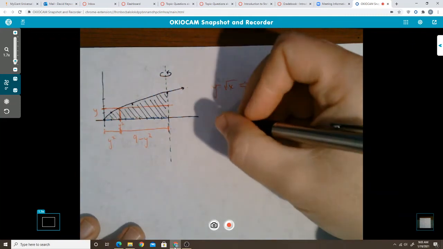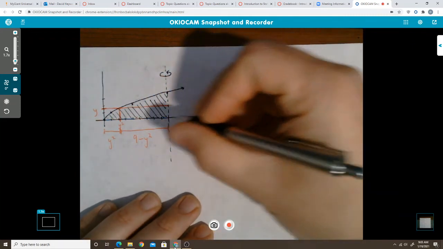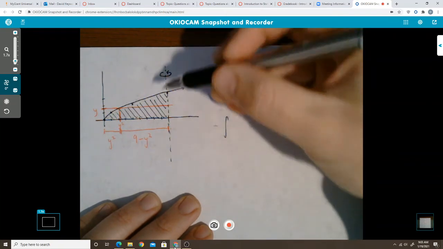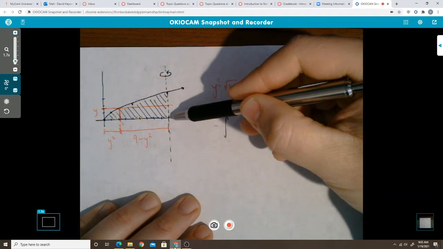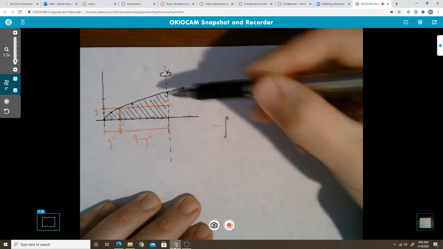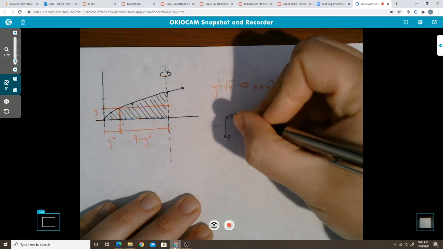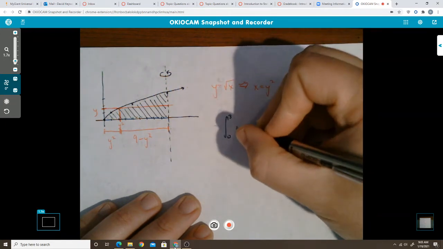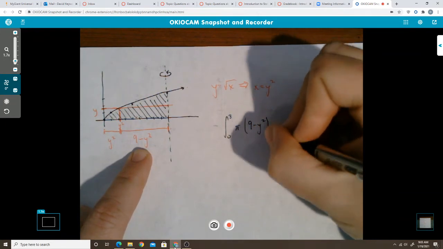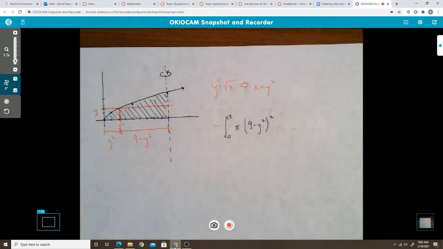Well, so we're ready to set this thing up then, right? We would say the volume is going to be the integral. Now we're going to go from 0 to 3, right? From y equals 0 to y equals 3, of pi times the radius, 9 minus y squared, squared. So there you go, pi r squared.